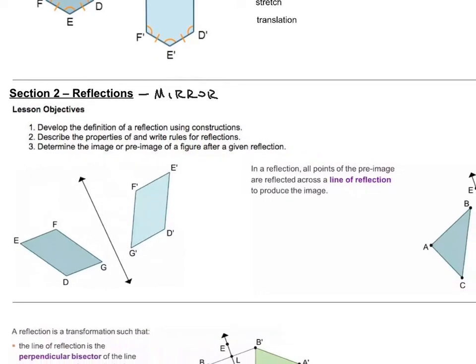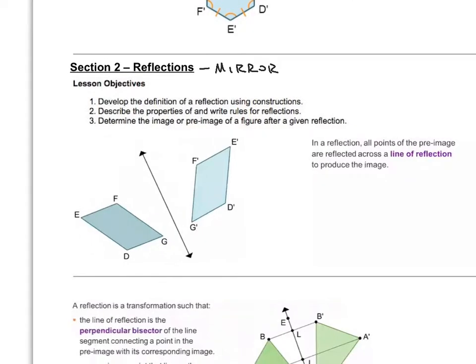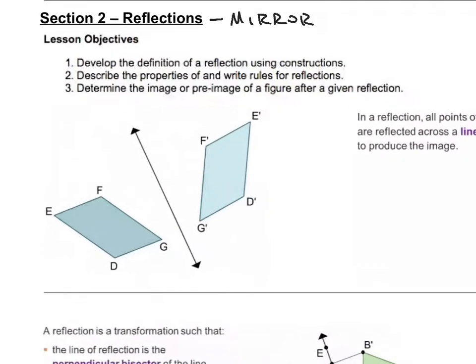It says that in a reflection, all points on the preimage are reflected across a line of reflection to produce the image. We've got a couple different examples of that here, so let's examine what's going on.